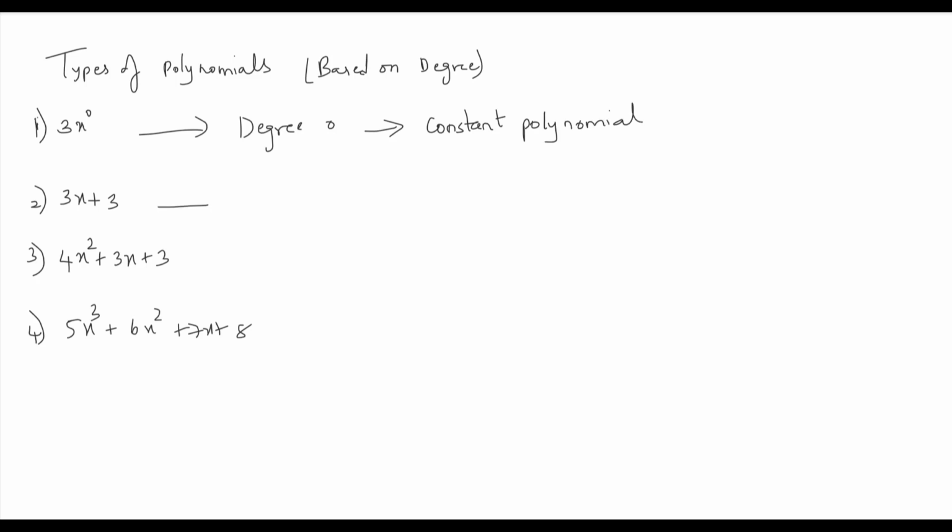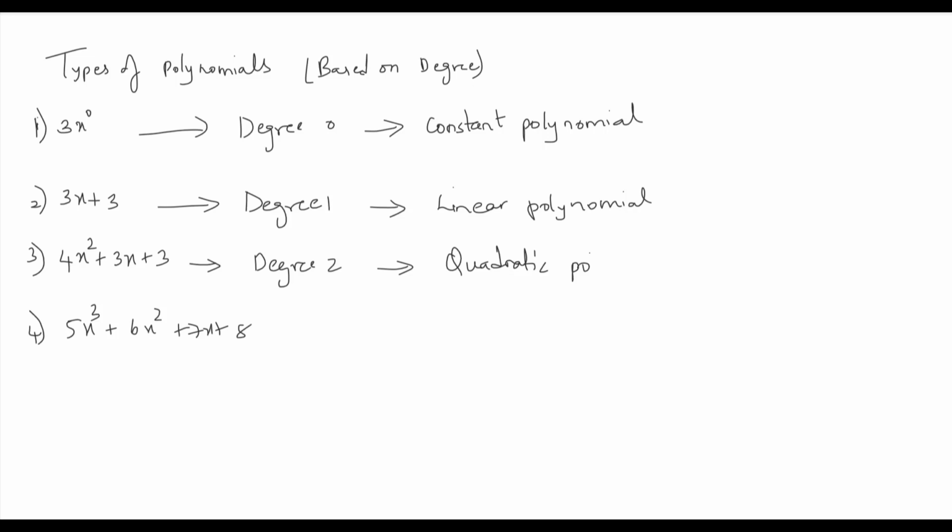The next one has a degree 1, so we say that it is a linear polynomial. Then here the degree is 2, so we say it is a quadratic polynomial. And degree 3, it is a cubic polynomial.